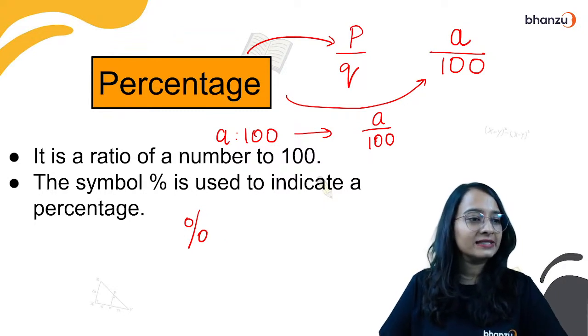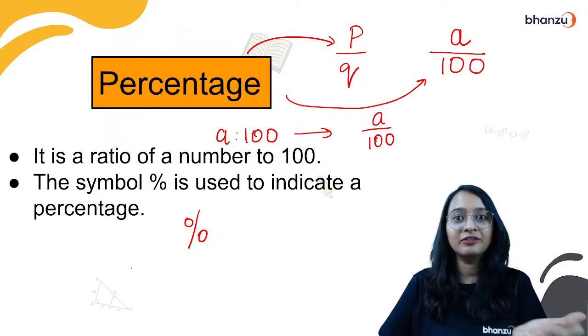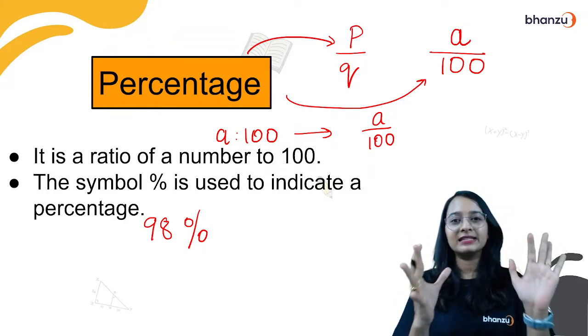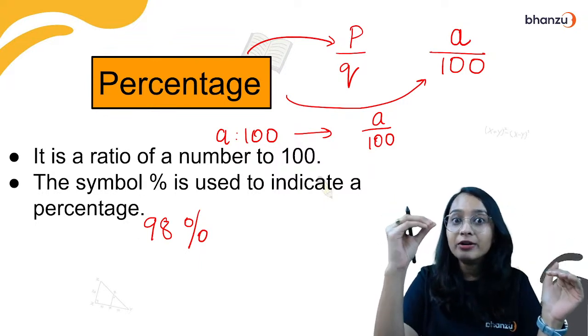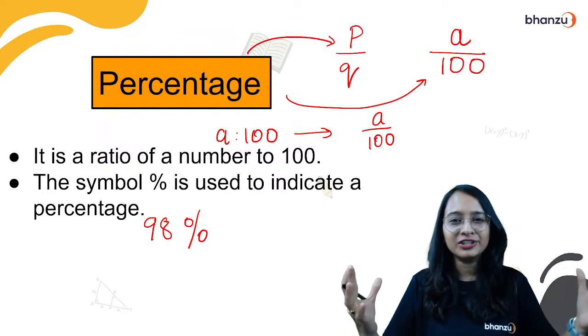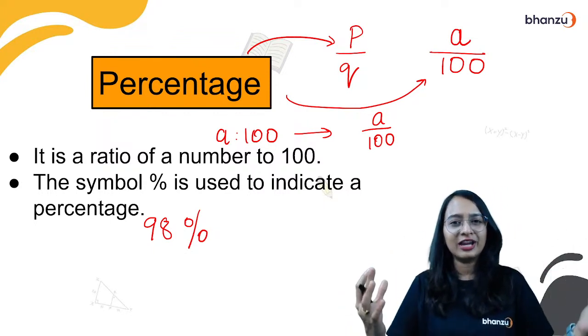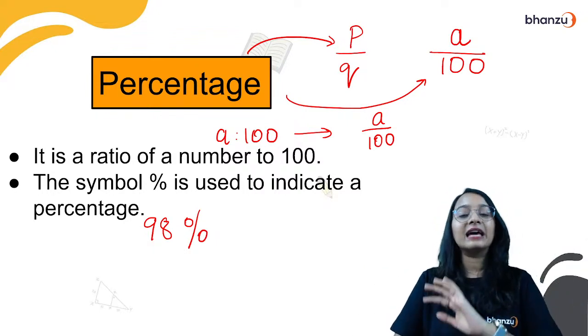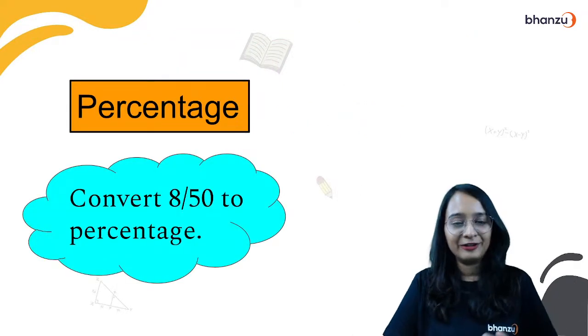Why? Because we use it in marks, right? Everybody's like, I got 98% in maths. Without actually knowing the concept of percentages when we were young, we still knew about marks in percentage. Everybody kept asking you, how much percent did you get in your grade 8? How much percent did you get in your grade 5? People still asked you that, right? So percentages are really used anywhere and everywhere.